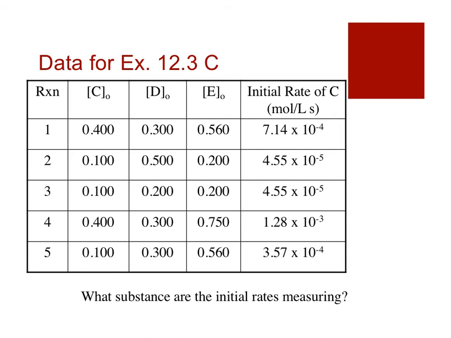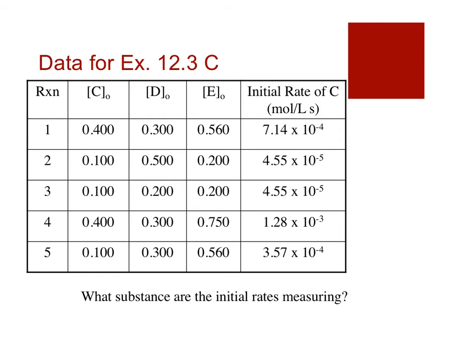So I can look at the rate law from here to here and compare it to here to here. Okay, so that lets me kind of ignore D and E and look only at C and the rate law.